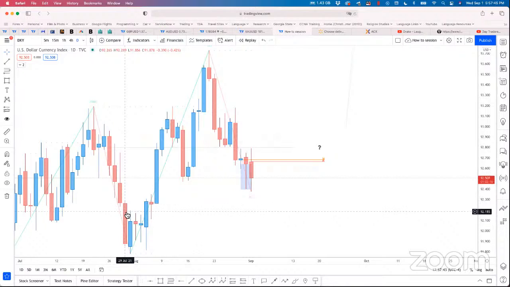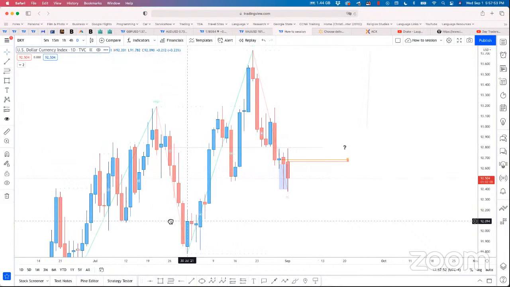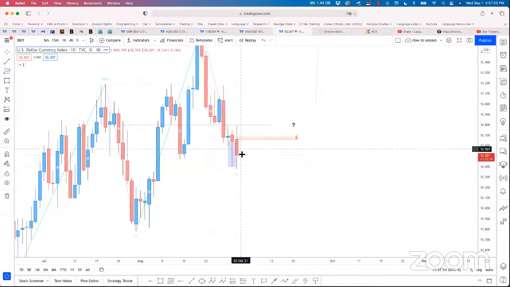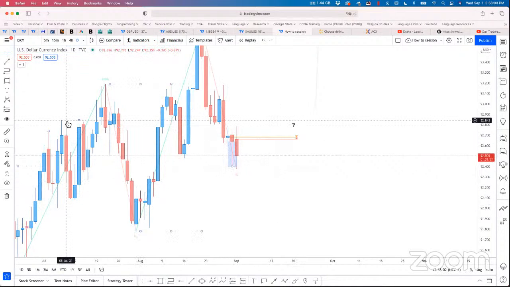If it wants to go further down, we focus on the middle, which is the 92 flat. So I would still be looking for sell to buys as long as we don't break below this area right here. So that's what we would be looking for.